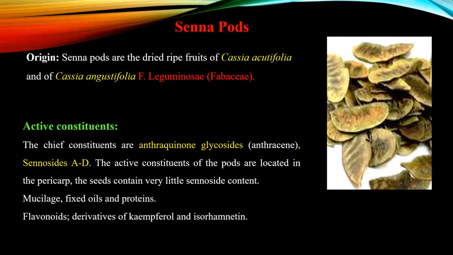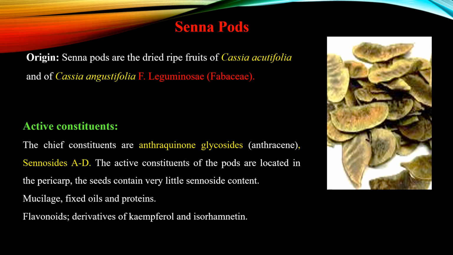Senna pods. Dried ripe fruits of Cassia acutifolia, known as Alexandrian Senna, and Cassia angustifolia, known as Indian Senna, family Leguminosae or family Fabaceae. These are parts of Senna.